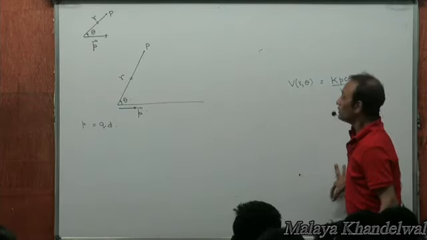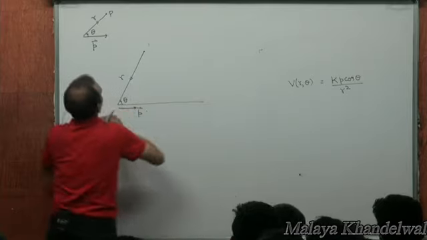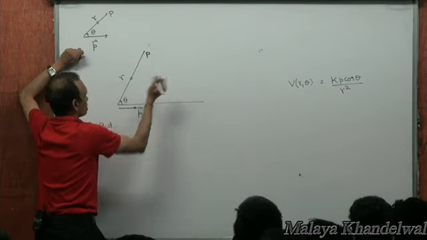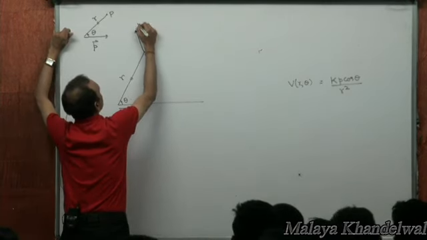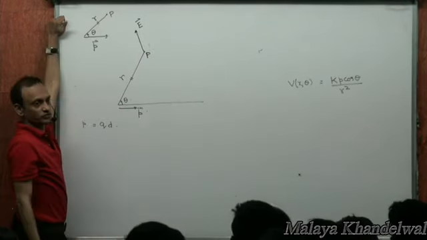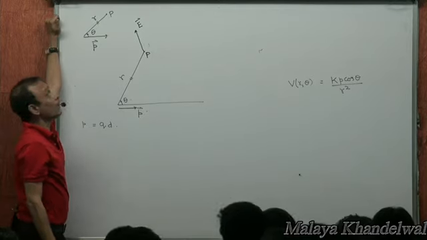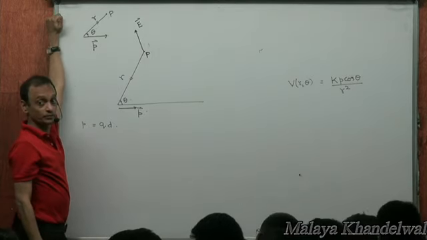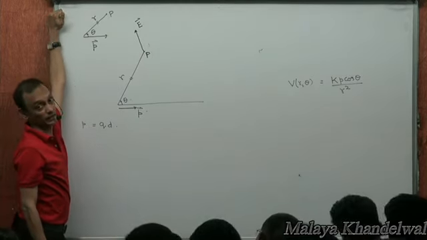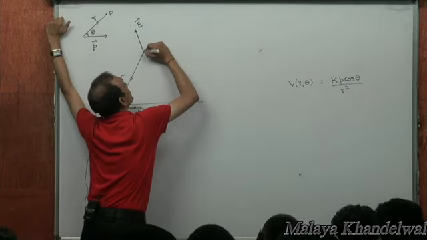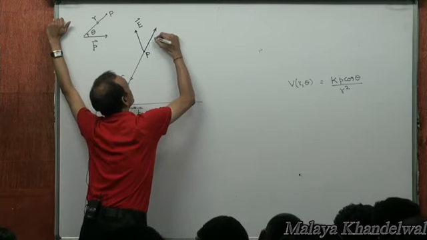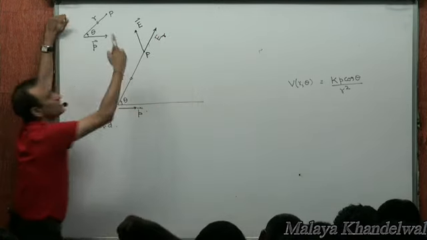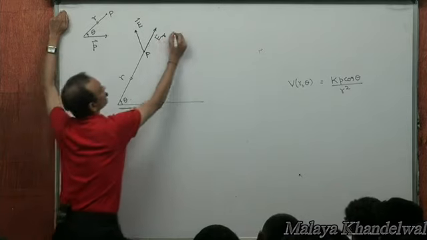Now, whatever be the electric field at P because of that pair, suppose E was the electric field at P. I could have resolved this electric field in two mutually perpendicular directions. One would be an electric field component in the radial direction, in the r direction. This is the radial component of the electric field.